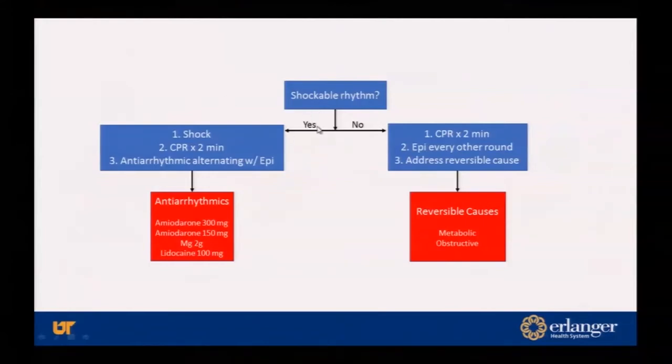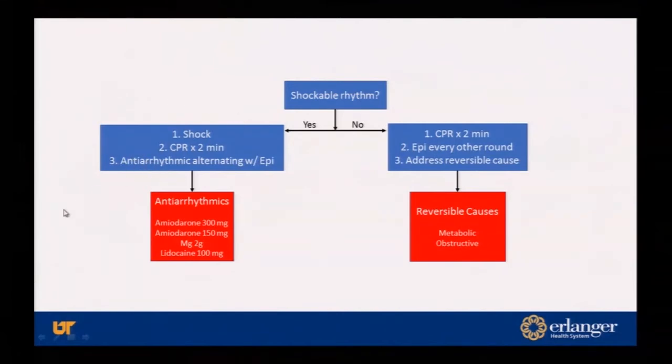So if you decide that, yes, I have a shockable rhythm, the first 2 things you're going to do are make sure chest compressions are ongoing and then charge for a shock, okay? Because those are the 2 things that are going to improve your outcome in a cardiac arrest.